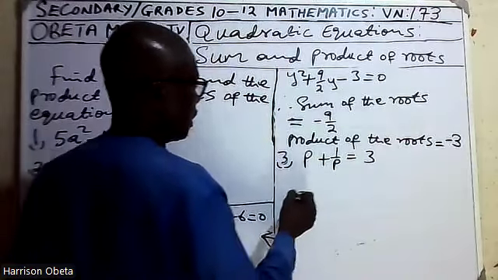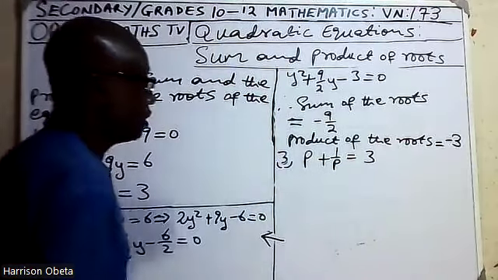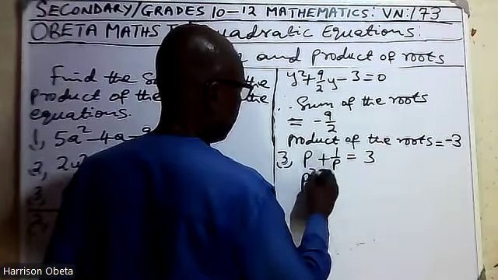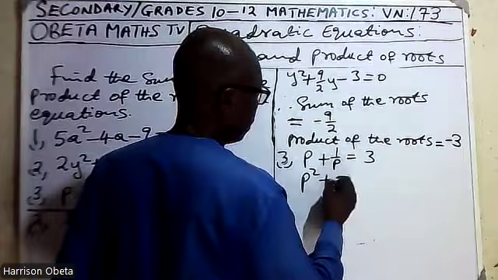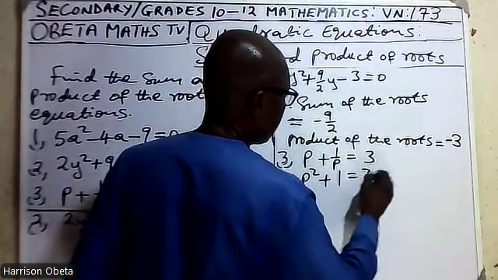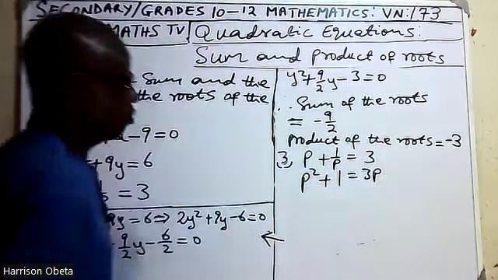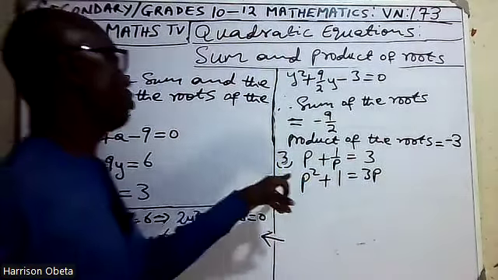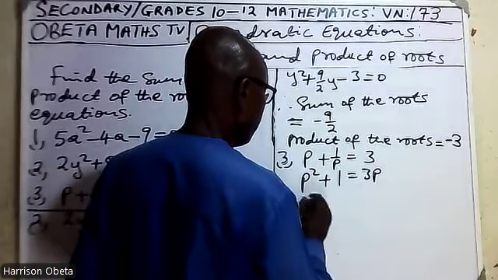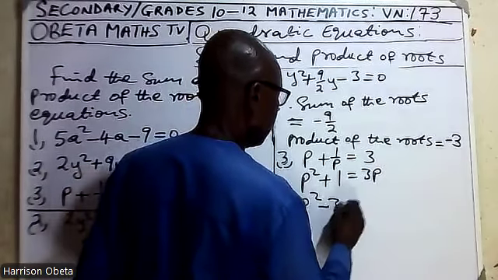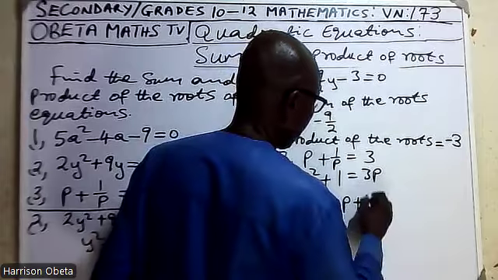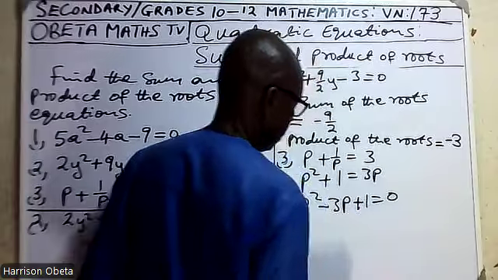If you multiply through by p, that will give us p squared plus 1 is equal to 3p. And bringing them together, it should be p squared minus 3p plus 1 equal to 0.